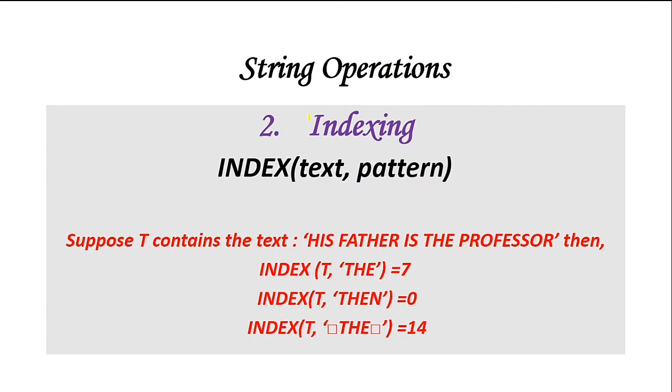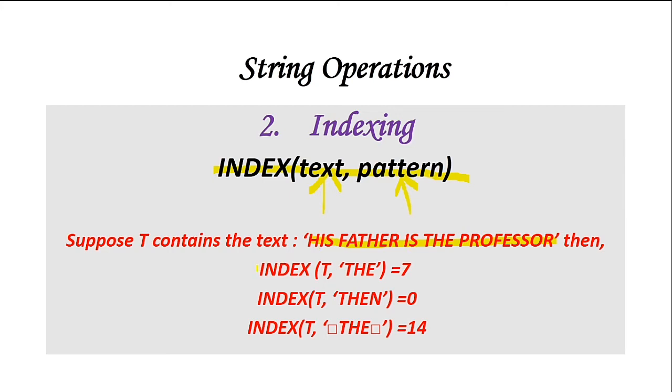Now the second operation is indexing. This is the syntax for indexing. You need to specify what exact text and what exact pattern. Suppose T contains the text and this is your string: His father is a professor.